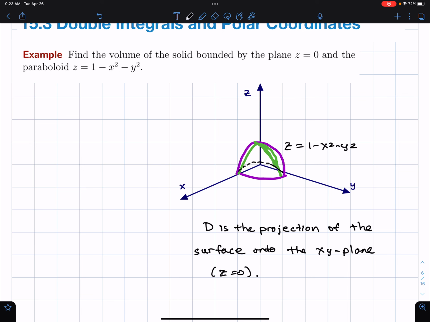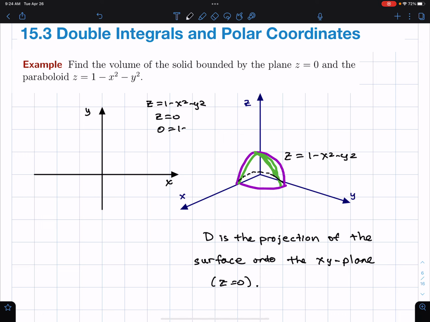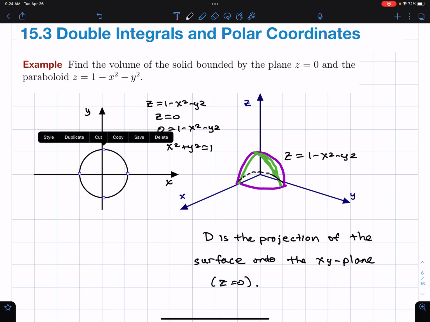And let's sketch D then. When I have z equals 1 minus x squared minus y squared, I put z equals 0. So I get 0 equals 1 minus x squared minus y squared, which gives x squared plus y squared equals 1, which we know is a circle. And D is that whole region bounded by the circle.